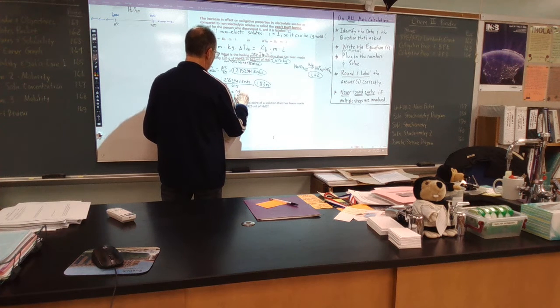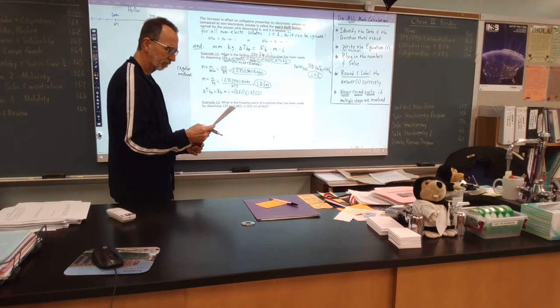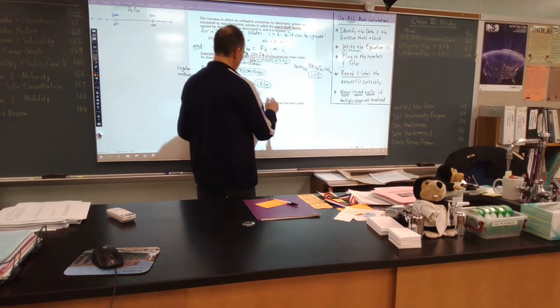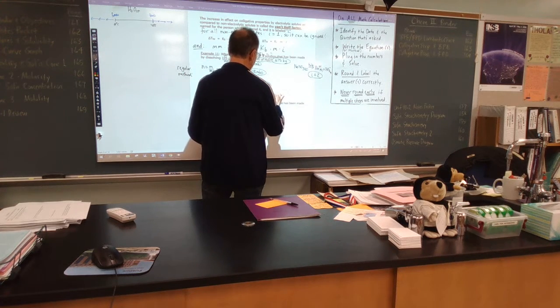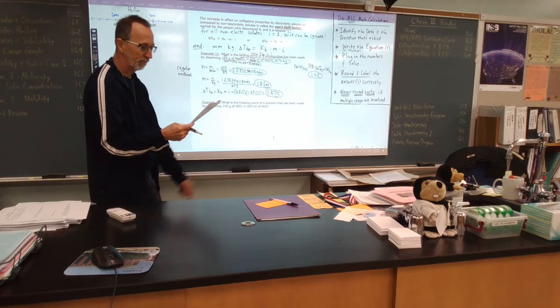So that would be 0.512 times the molality, 1.83, times i, which is 2 ions, 2 particles. And again, that comes out at 3 sig figs to 1.87 degrees Celsius, just like it did before.